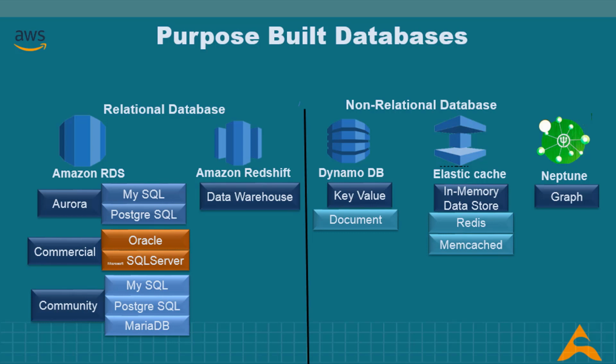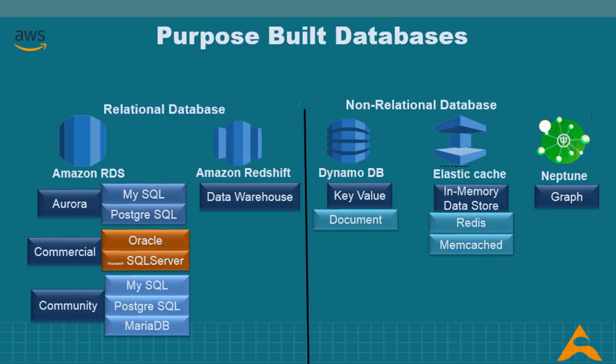These fully managed database services include relational databases with support for 6 commonly used database engines for transactional applications, non-relational databases for internet scale applications, a data warehouse for analytics, an in-memory data store for caching and real-time workloads, and a graph database for building applications with highly connected data.